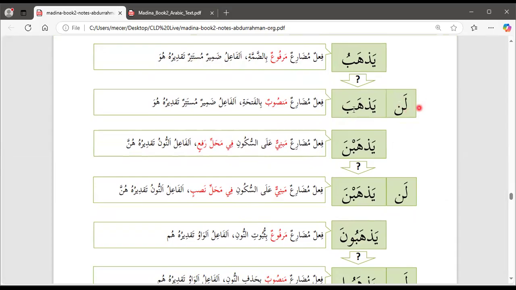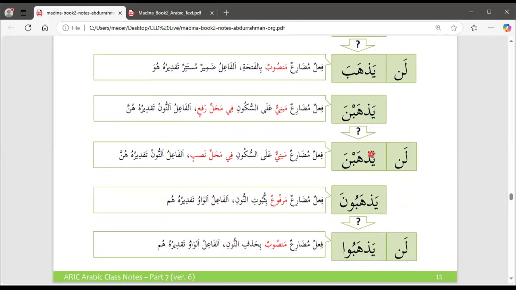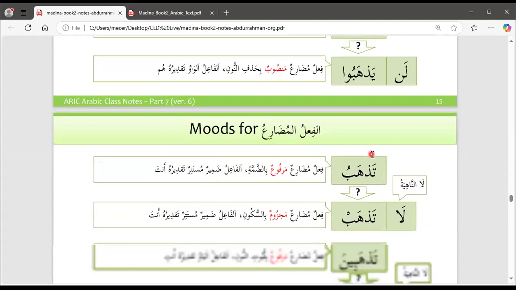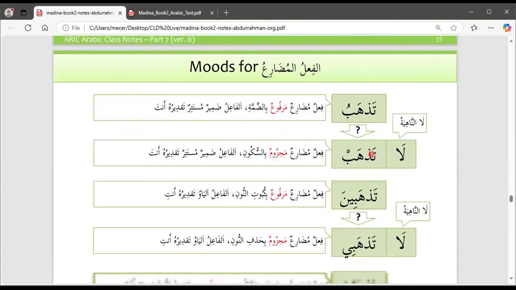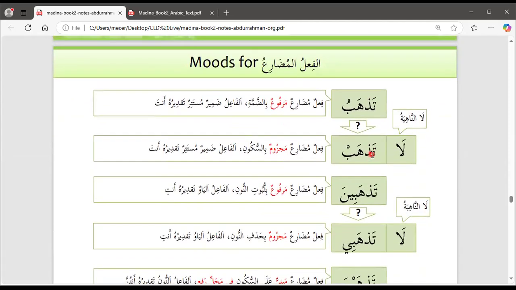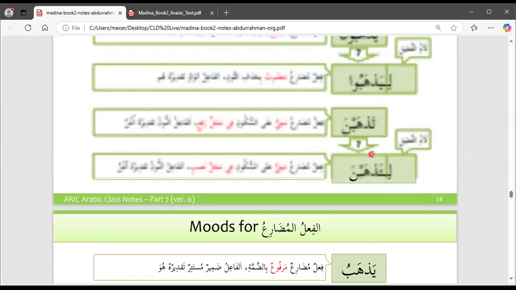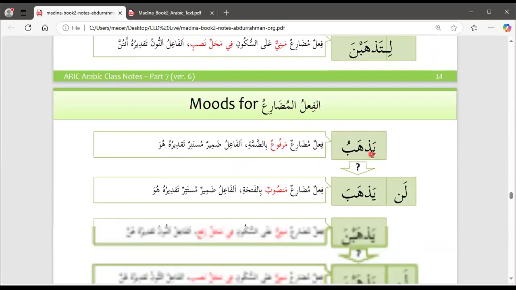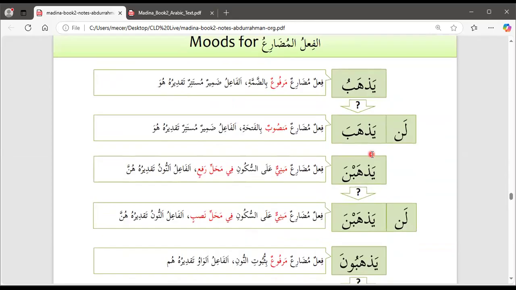And when you bring lan, it becomes فعل مضارع منصوب بالفتح. الفاعل ضمير مستتر تقديره هو. So basically it's the same here as I was explaining. These are the modes for fi'l mudari'.